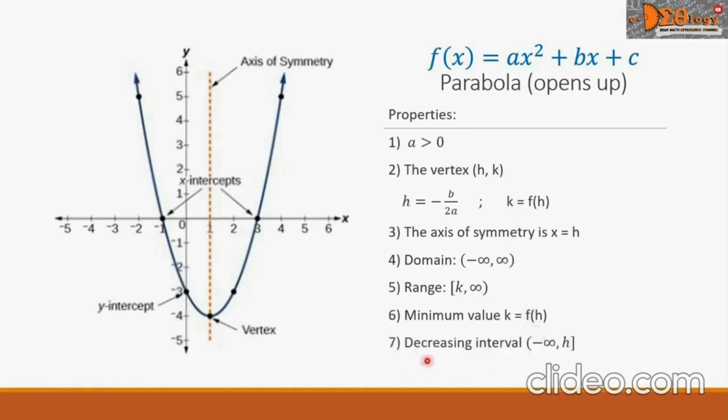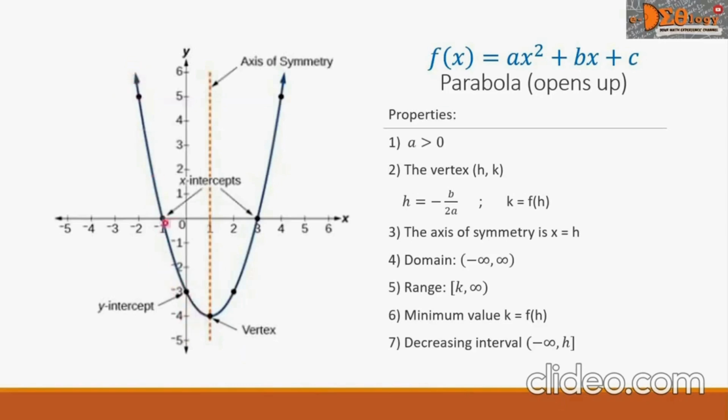Number 7, decreasing interval. A parabola has a decreasing interval, and later on we will have increasing interval. If you're going to read the parabola from left going right, the decreasing interval is the left side of this parabola with respect to the line of symmetry.